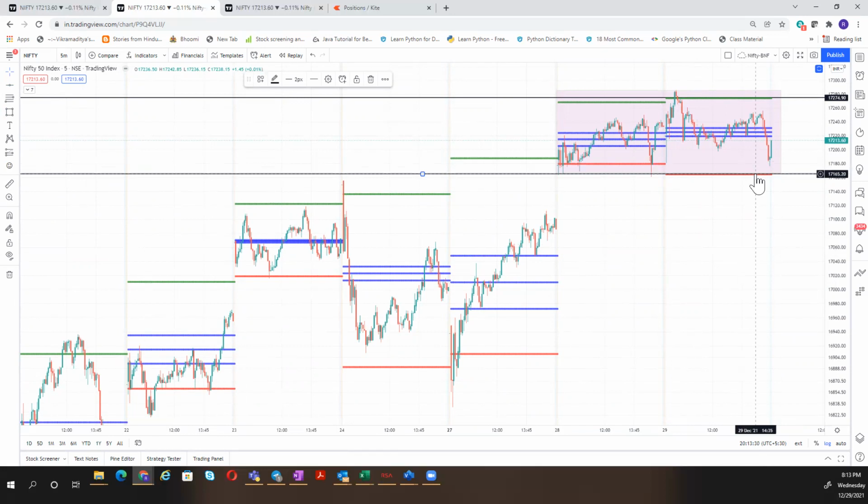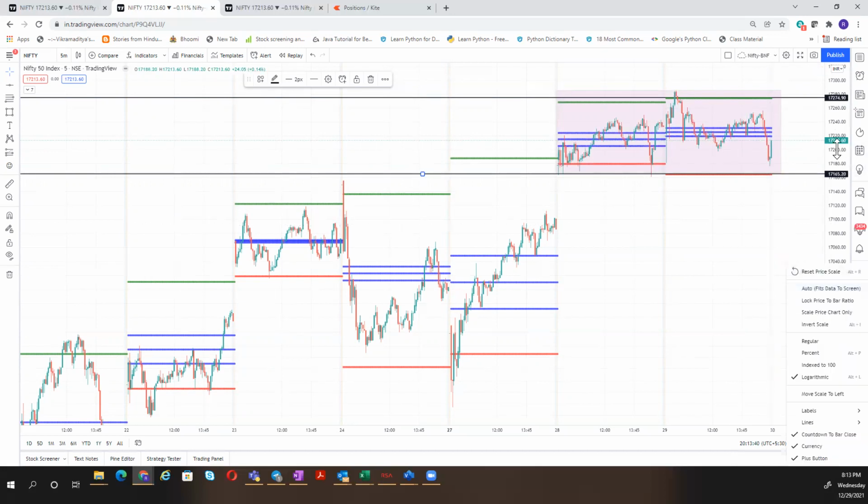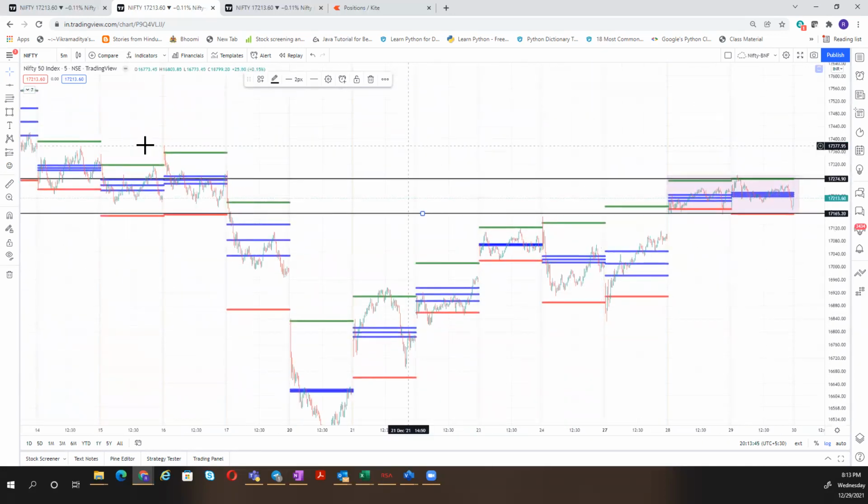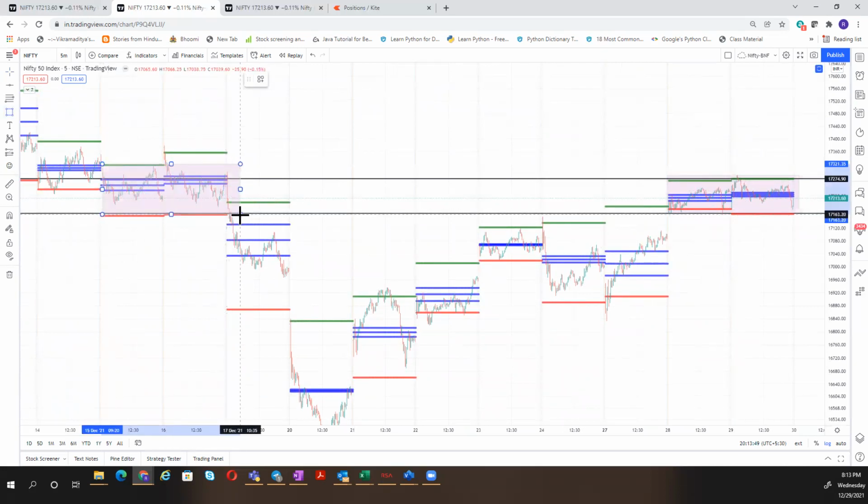Usually I'm anticipating a flat expiry, but if the range gets broken, again R1, S1, and sustains, you have to anticipate and take the risk to go down. Why? Because after a range, if the market breaks, you have a high probability of the market going down. See what happens here.